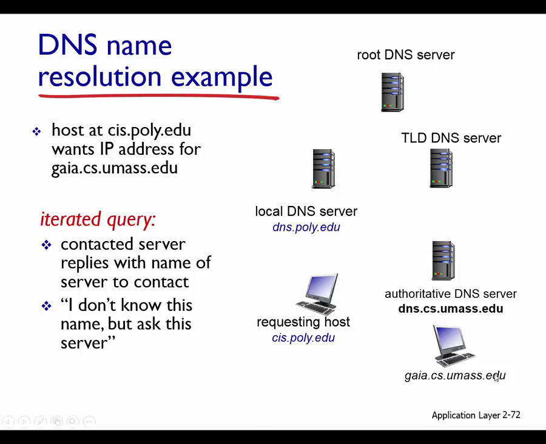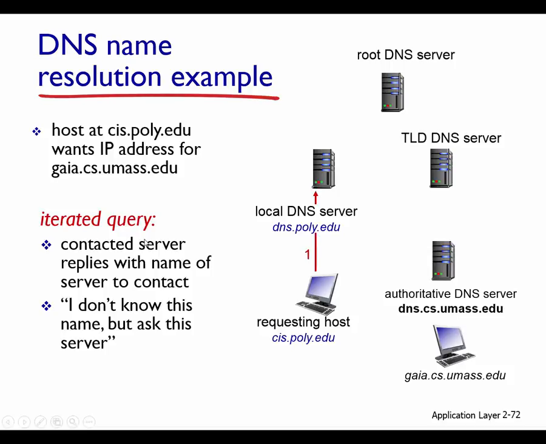So basically, one way you can do that is to do an iterated query. In that case, you contact the server, and the server replies with the name of the server to contact. Keep in mind, each of these domain name servers do maintain information, but let's say that the time to live on this information is gone, and so we have to go through the whole process of working through the name servers to get the answer.